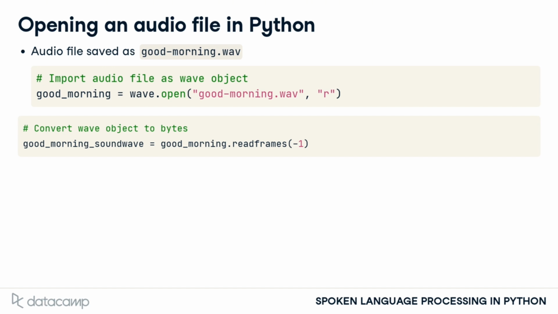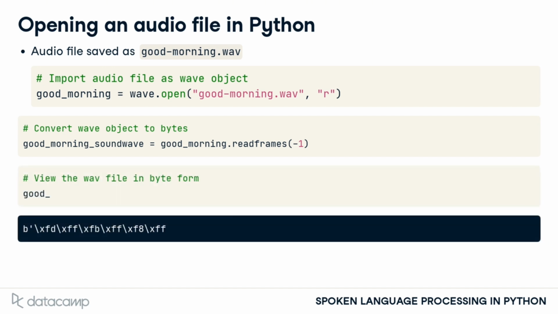Now we've converted the audio file to bytes, what do they look like? Okay, we can see a snippet of the entire sound wave in byte form. But remember how kilohertz means thousands of pieces of information per second? The goodmorning.wav audio file is 48 kilohertz and 2 seconds long. 48,000 pieces of information per second and 2 seconds long equals 96,000 chunks of data, all for only 2 words.